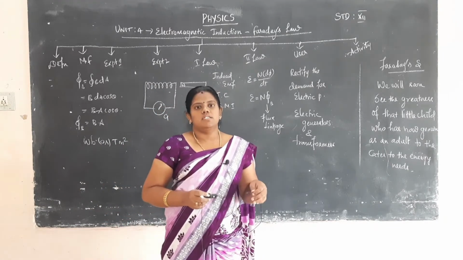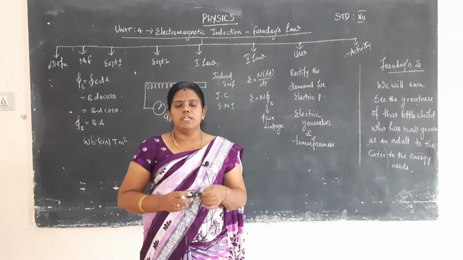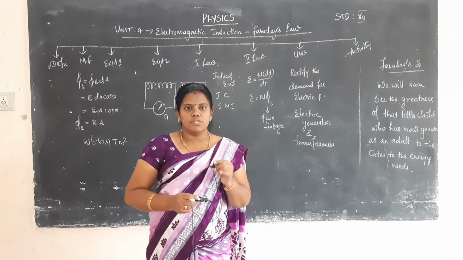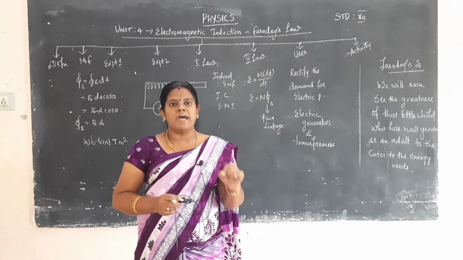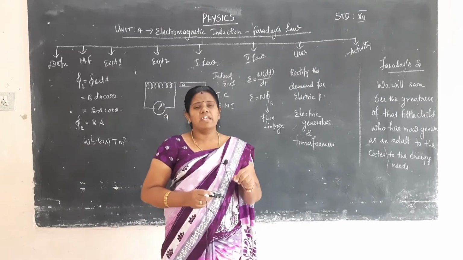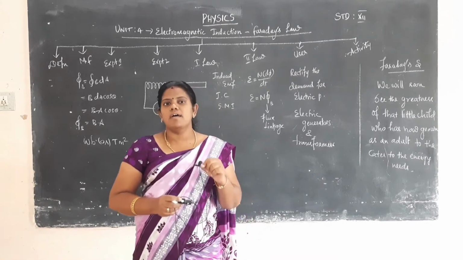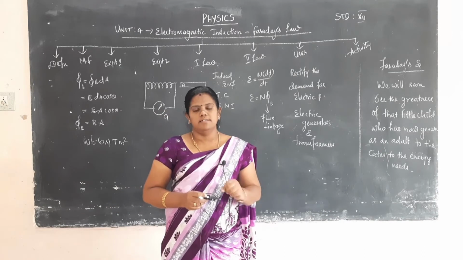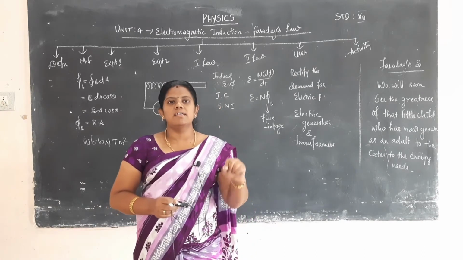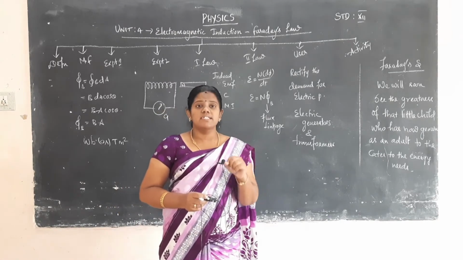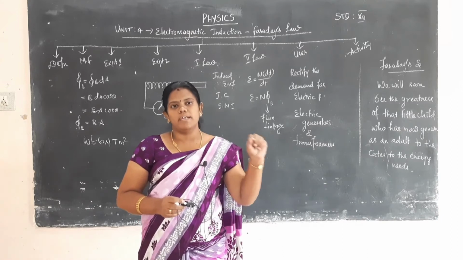So first, what is called electromagnetic induction? Already I told, electromagnetic induction means current is induced by a magnetic field. The magnetic field induces the current, or the magnetic field creates the current. Michael Faraday did various experiments to explain electromagnetic induction.